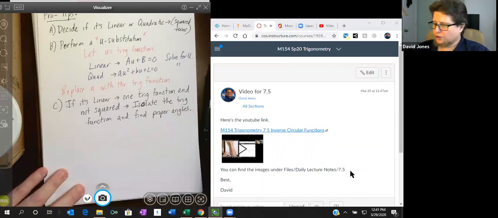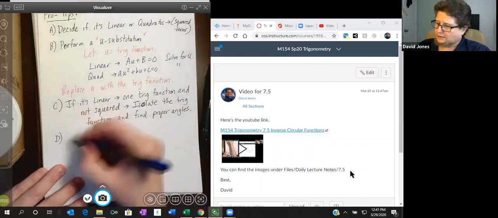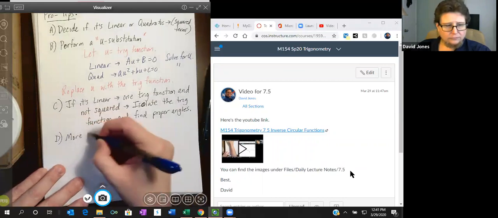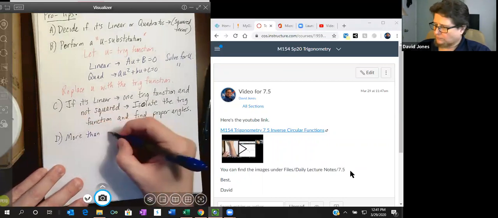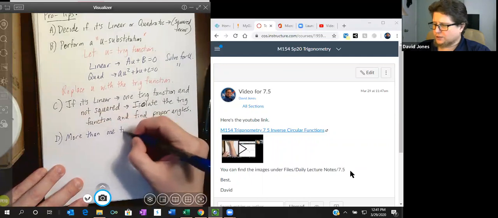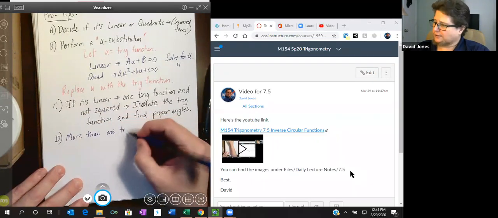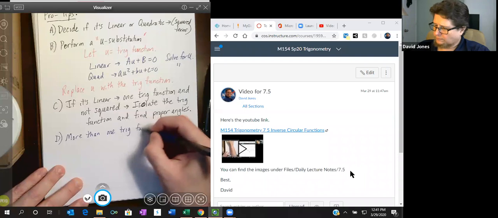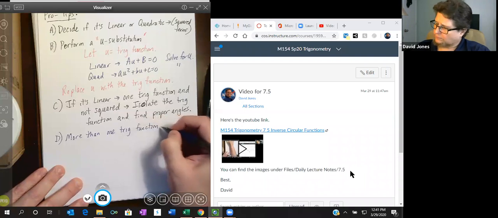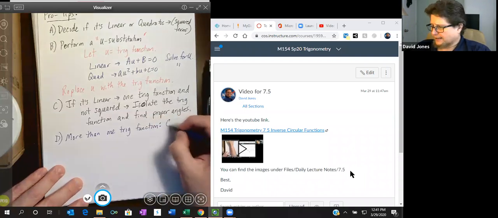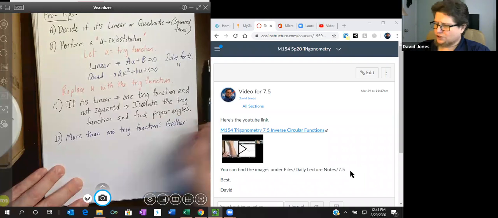If there's more than one trig function, this is where, like, we had the cosine times tangent equaled cosine. Gather everything on one side and try factoring.